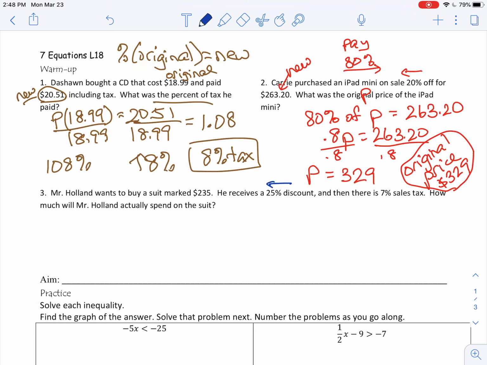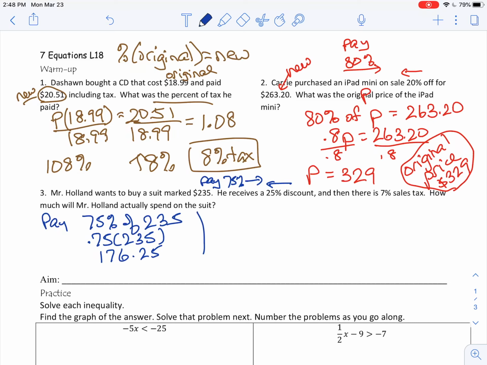Okay, this is a double percent problem like we practiced the other day. First of all, there's a 25% discount. So that means you're going to pay 75%. So first, you're going to pay 75% of the $235. Make it into math.